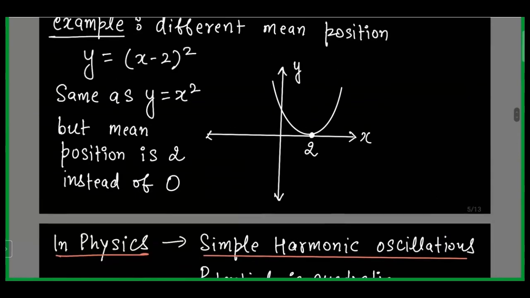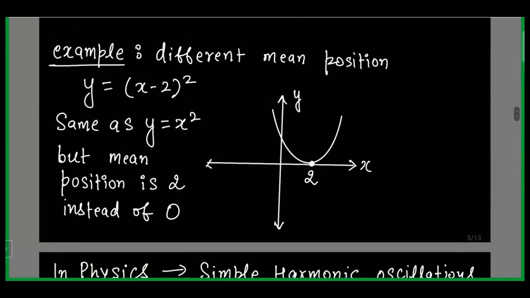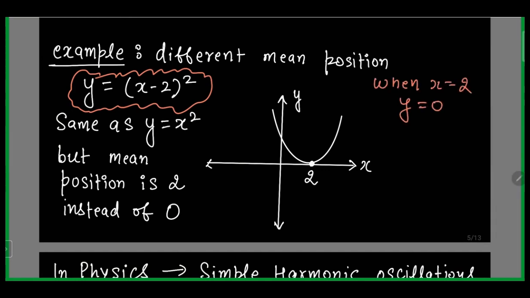So let's see here. If your graph is y equals to x minus 2 whole square, you can clearly see that when x is 2, your y is 0. So what has actually happened? Your mean position has shifted.